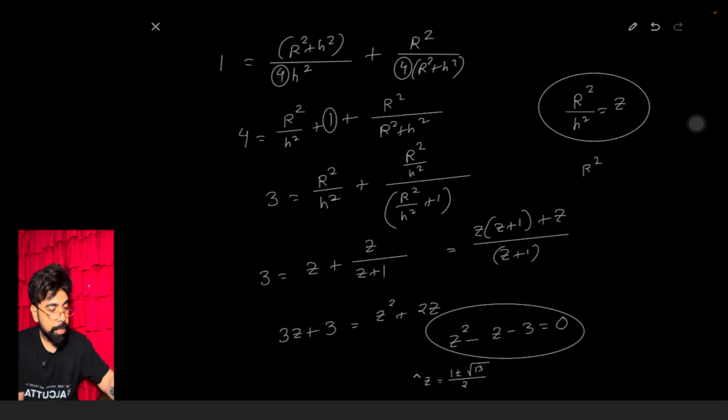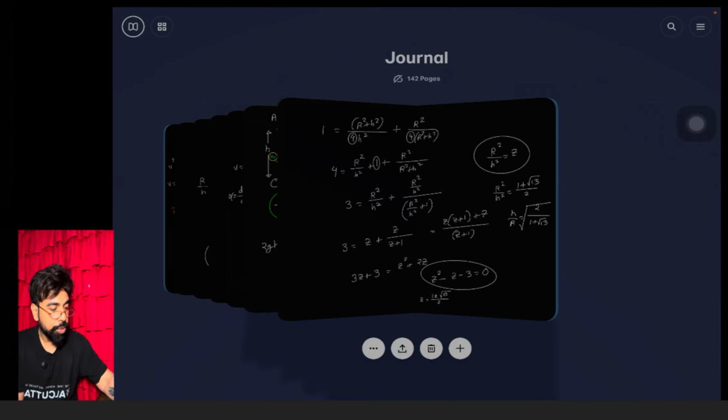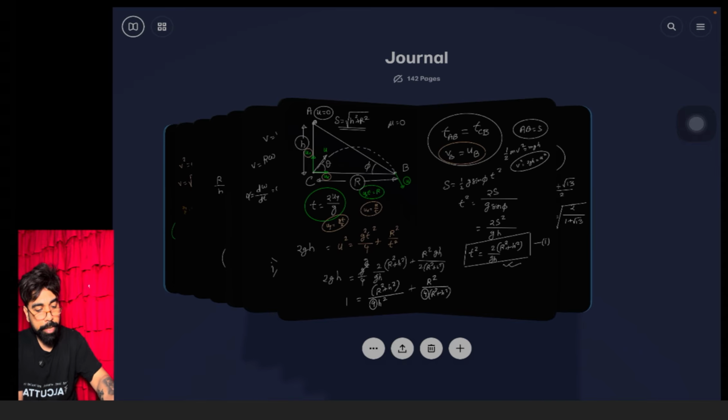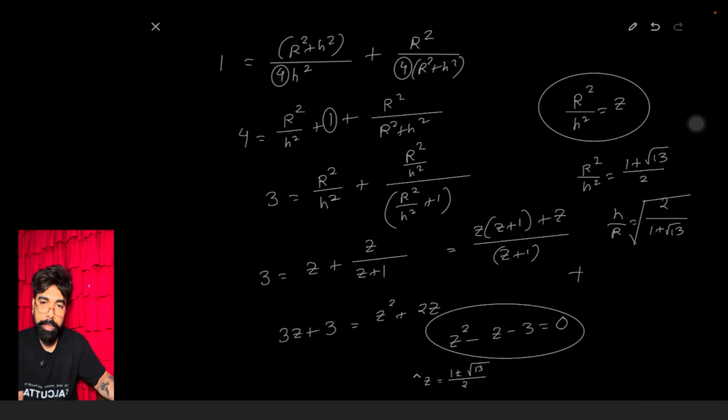So I am going to get z, which is r square by h square, is equal to how much? 1 plus root 13 divided by 2. So h by r will be how much? The reciprocal of this, which is 2 by 1 plus root 13, and its square root. But from the diagram, if you see, what is your h by r? It is the tan phi, right?